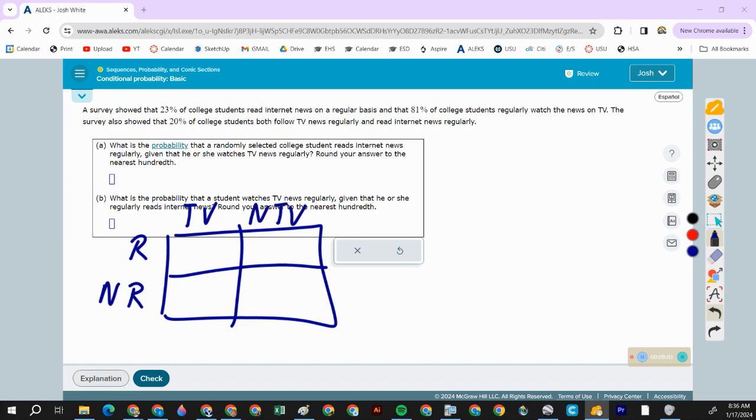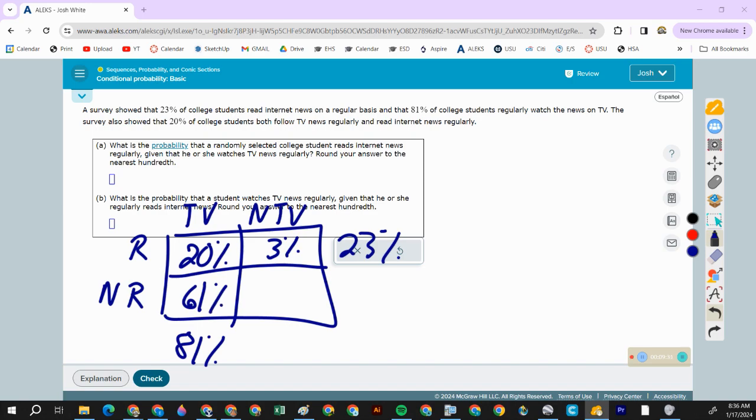So 23% of college students read internet news on a regular basis. So this is 23%. 81% watch news on TV. So that would be 81%. 20% do both. So this would be 20%, which means 3% here and 61% here.